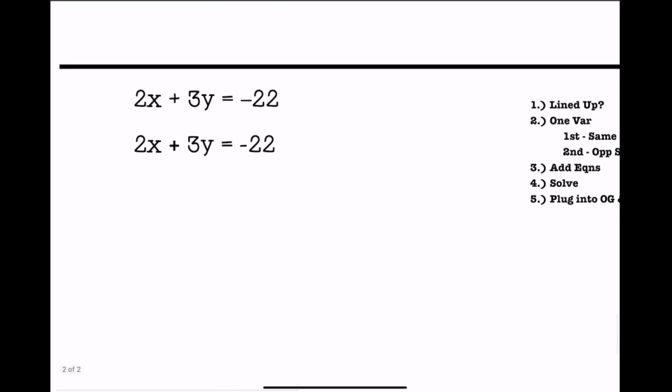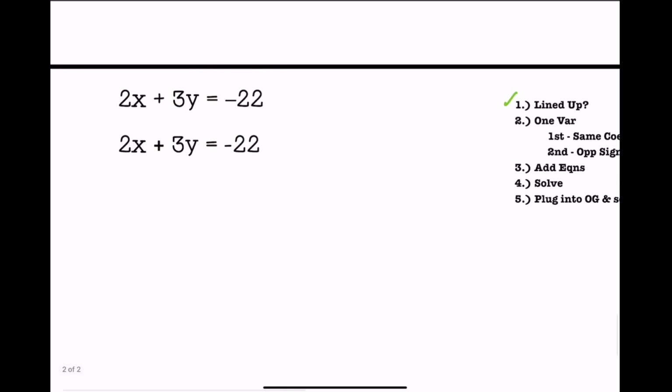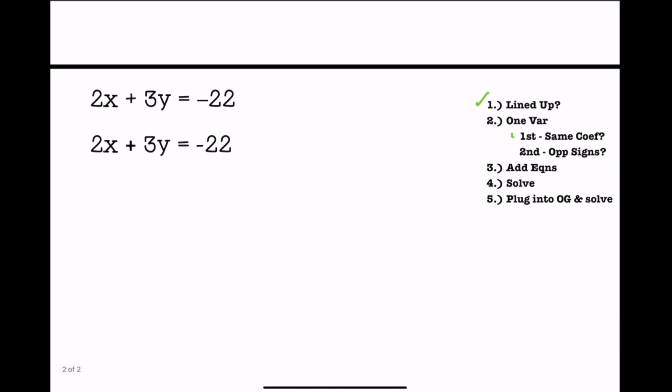All right, next guy. So, is everything lined up? X's, Y's, and numbers and equal signs. Don't forget the equal signs need to line up too. So we're good. All right, do we have the same coefficient? Yes, look at that. We have X's and we have Y's with the same coefficient. Ooh.